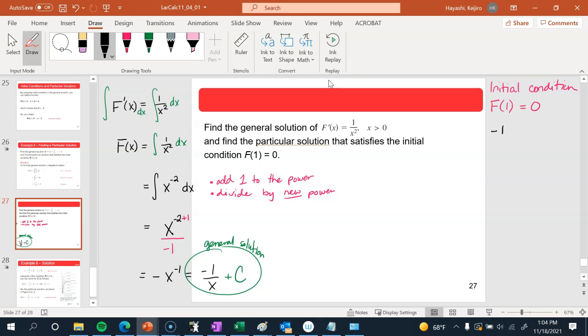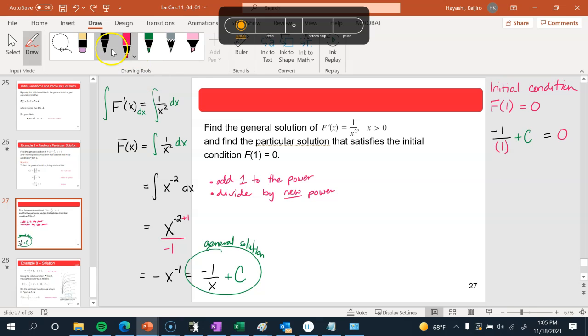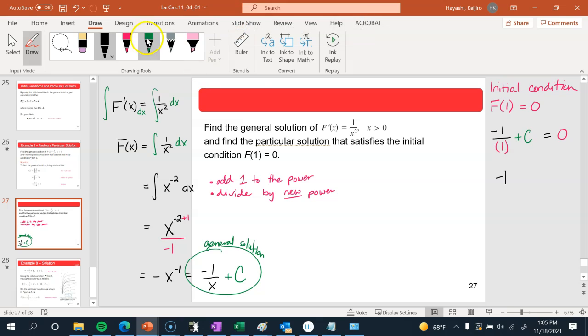So negative 1 over, we'll plug in 1, plus c, is supposed to equal 0. Okay, well, negative 1 over 1 is just negative 1. Negative 1 plus c equals 0, and that should tell us what c is. Just add 1 to both sides, we can get that c is 1.